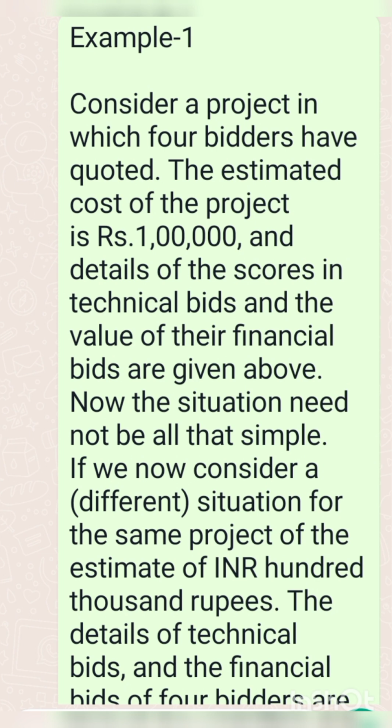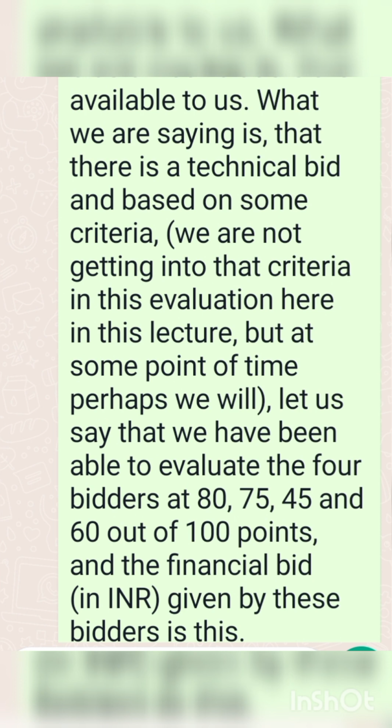If you now consider a different situation for the same project with an estimate of Indian rupees 100,000, the details of technical bids and the financial bids of 4 bidders are available to us.